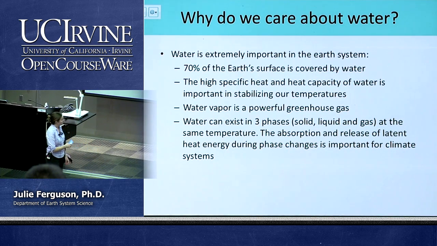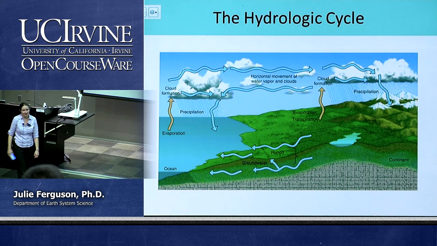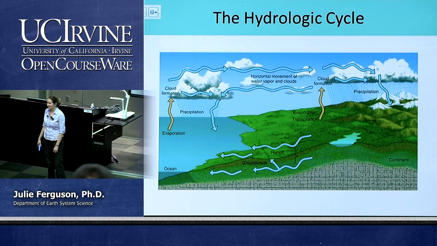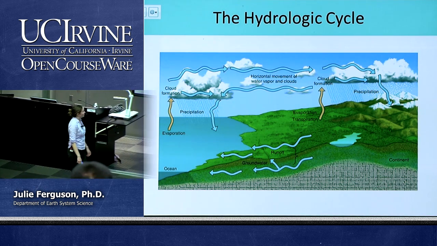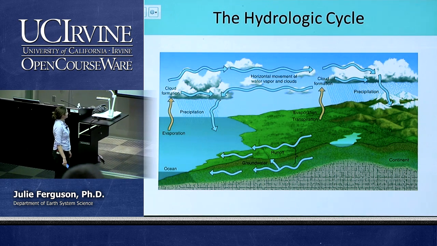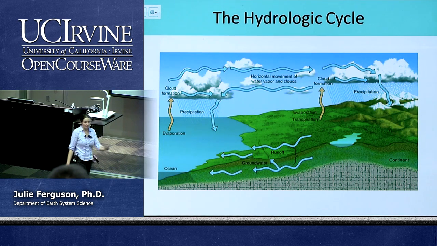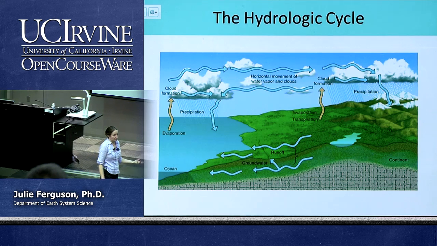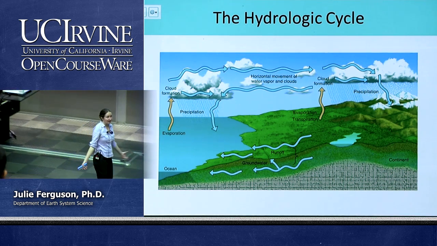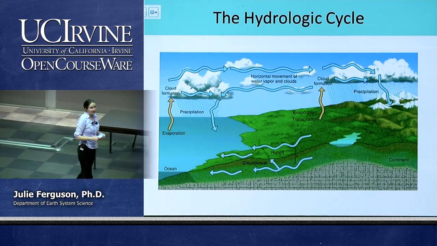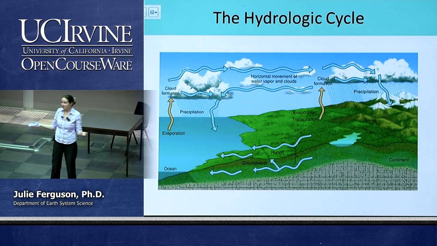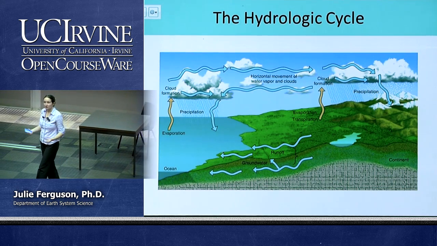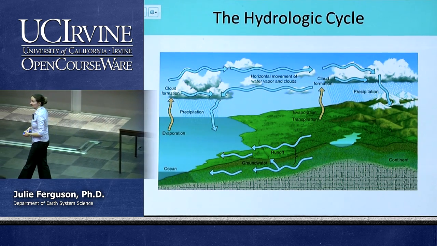Okay? So this is our hydrologic cycle, and I think most people saw this from sort of elementary school onwards, but very quickly, we have evaporation from our oceans, which is by far the most dominant way that we get water vapor going into our atmosphere. I mean, 70% of the Earth's surface is water. It's going to contribute a lot of that water vapor in the atmosphere.